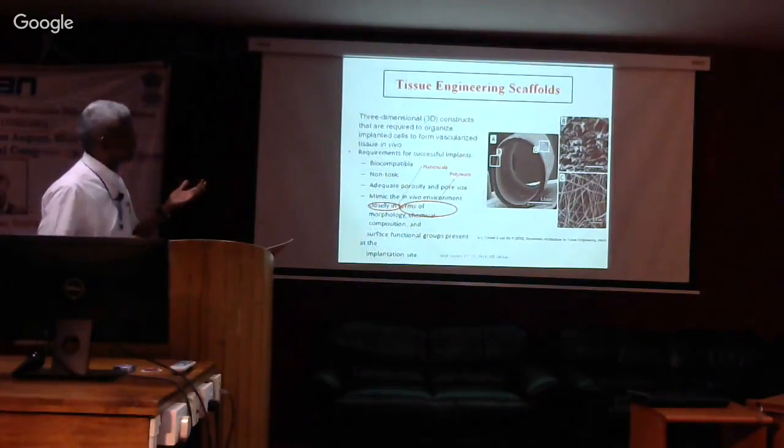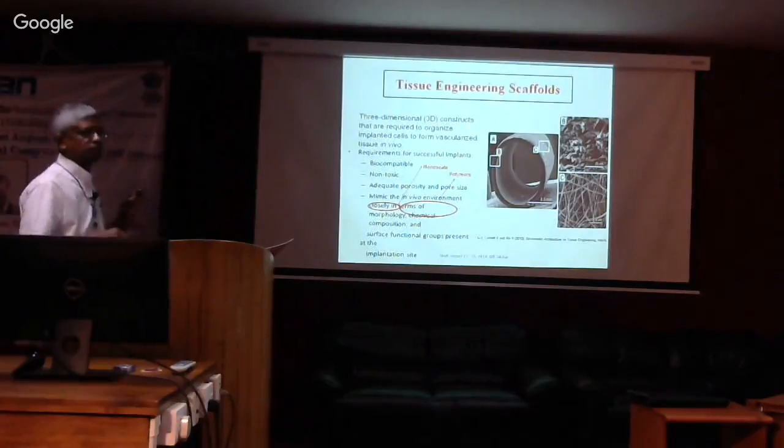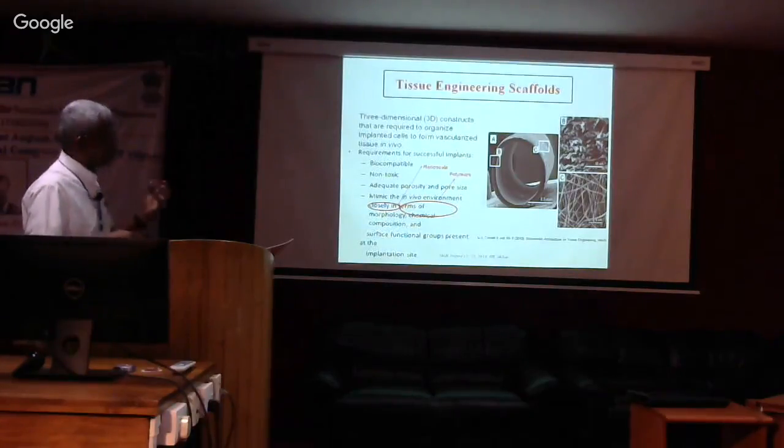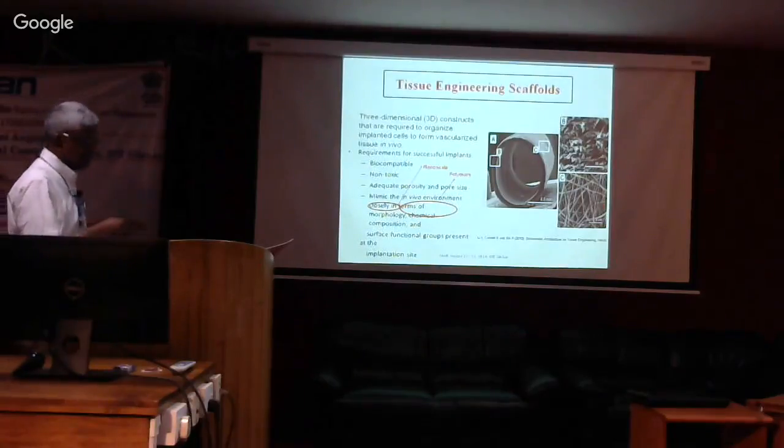Why will they reject the scaffold? This is a new environment for these cells. If you have very thick fibers, then attachment onto those thick fibers is very difficult for the cell. And even if somehow it gets attached, it's not going to grow. So in order for these cells to grow very fast, you need a very fine network.